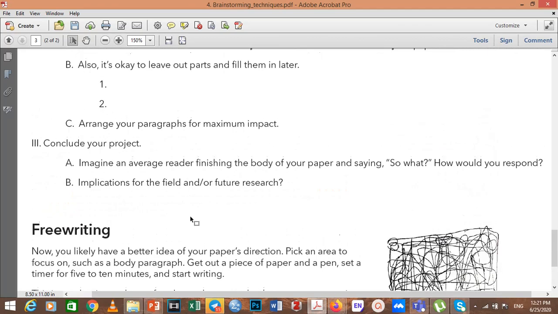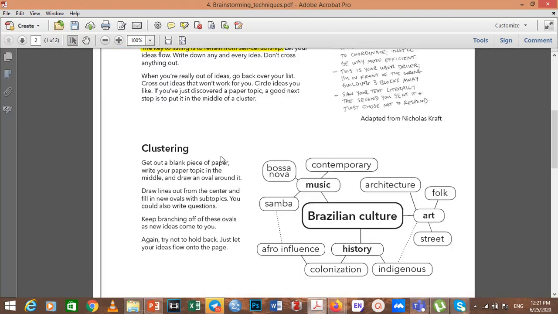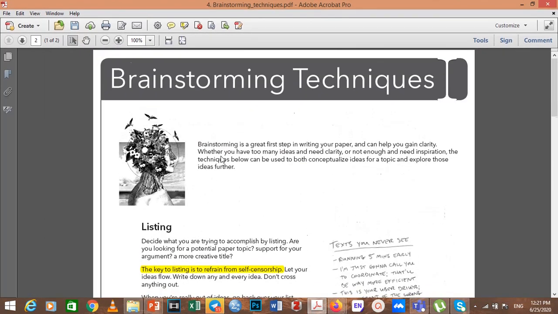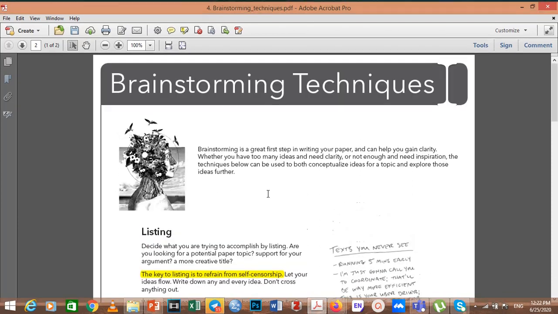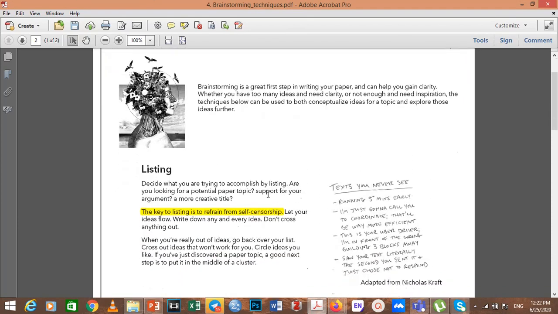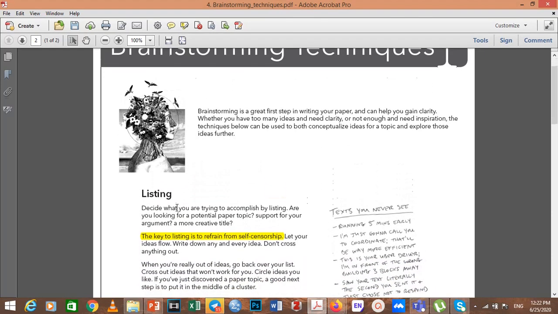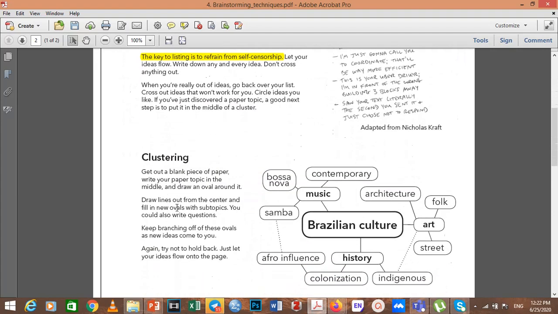Okay, so to sum up brainstorming, everyone, I would like to give you a conclusion. Brainstorming is the first step in writing a paragraph or essay, and it's about how to generate your ideas from your brain as quickly as possible, and usually it takes like 5 to 10 minutes only. And there are a few techniques for you to do it. You can choose to do listing, list down what pops up into your mind.